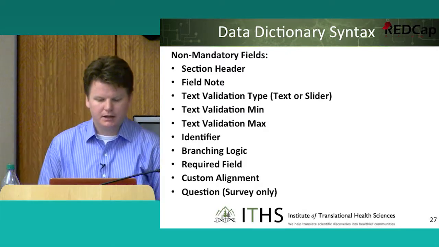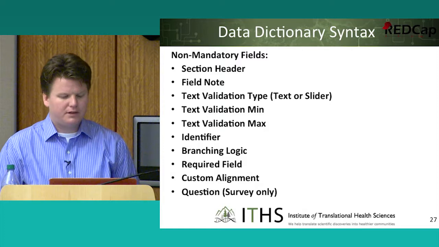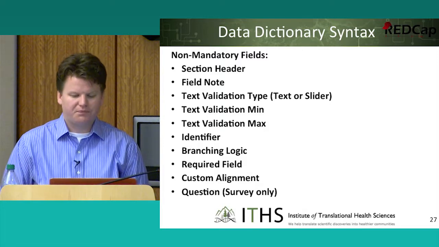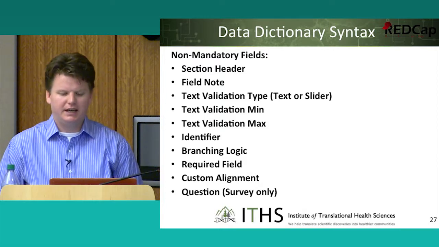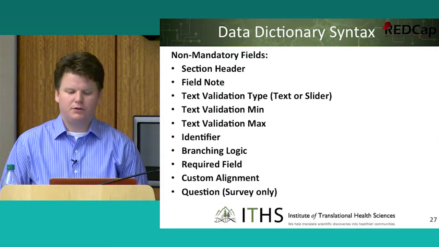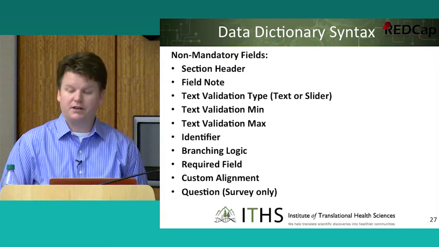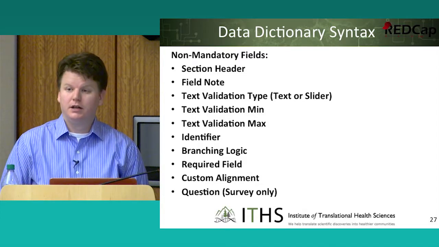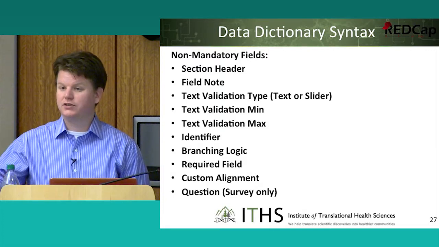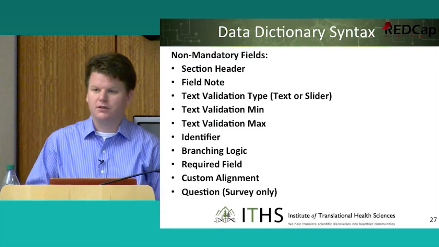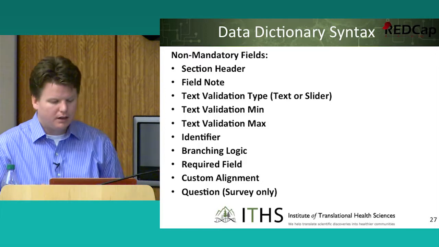Just type that in. Then we have text validation types. So this is only reserved for text and a little bit for slider. If you put in number in the text validation type in a slider variable, it will actually display the number between 0 and 100 next to the slider on the screen. So that's a way you can turn that on.